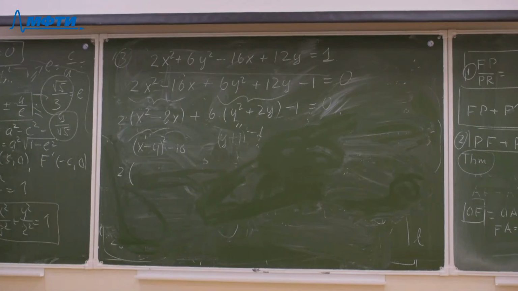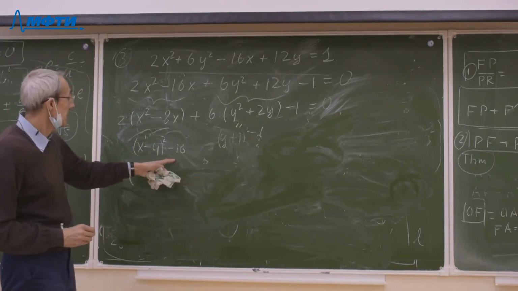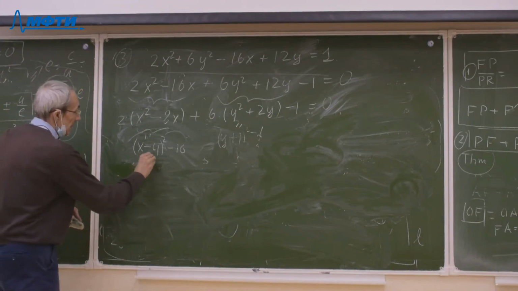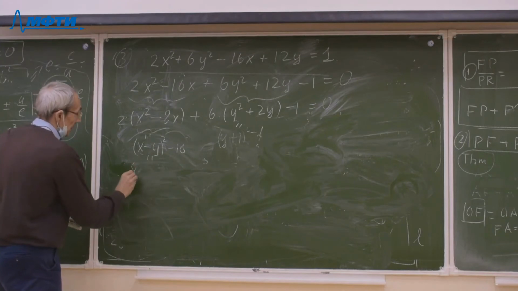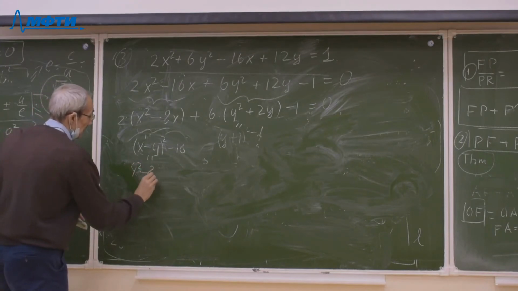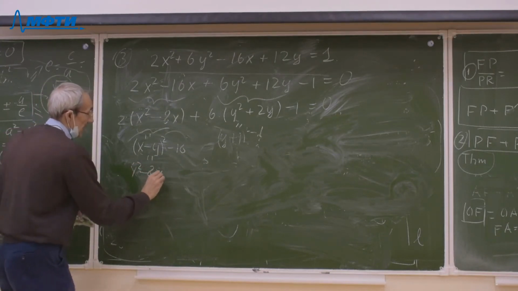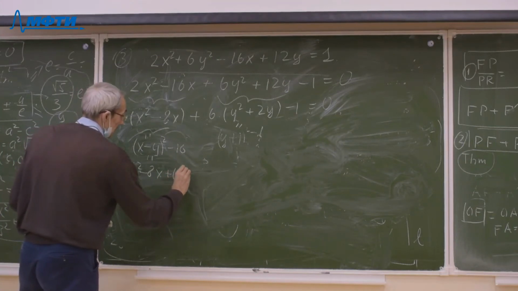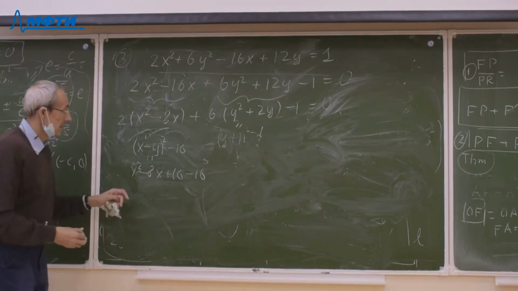Shouldn't it be 2 times (x minus 4) squared? Minus. Yes, minus 4 squared. Yes, this expression is equal x squared minus 8x plus 16 minus 16.